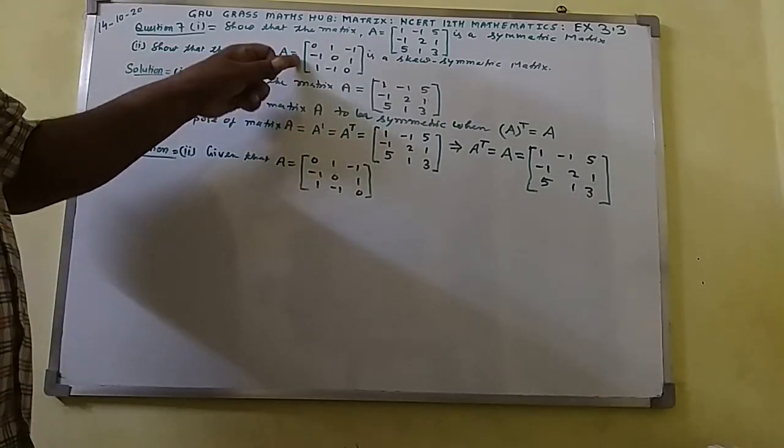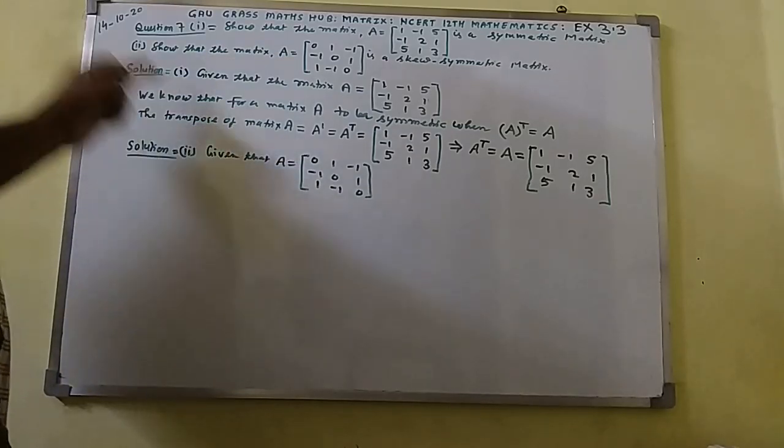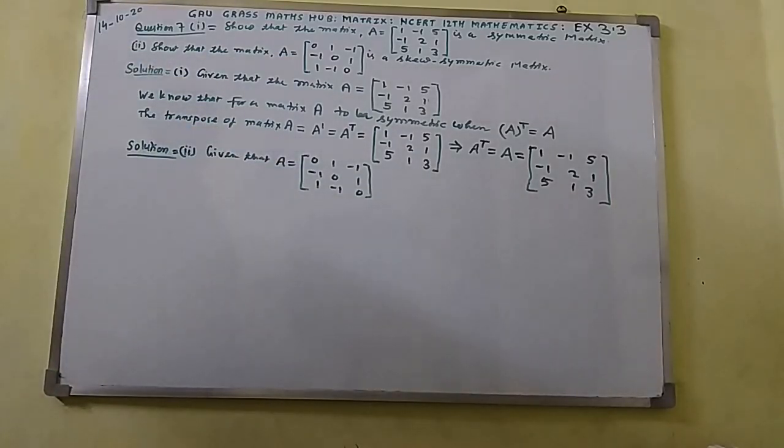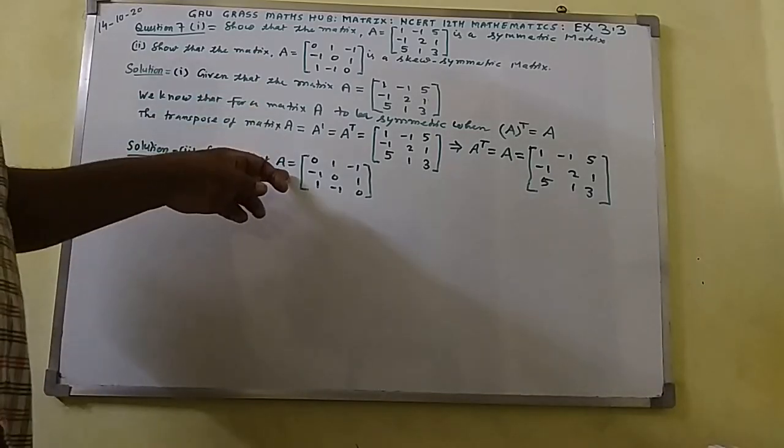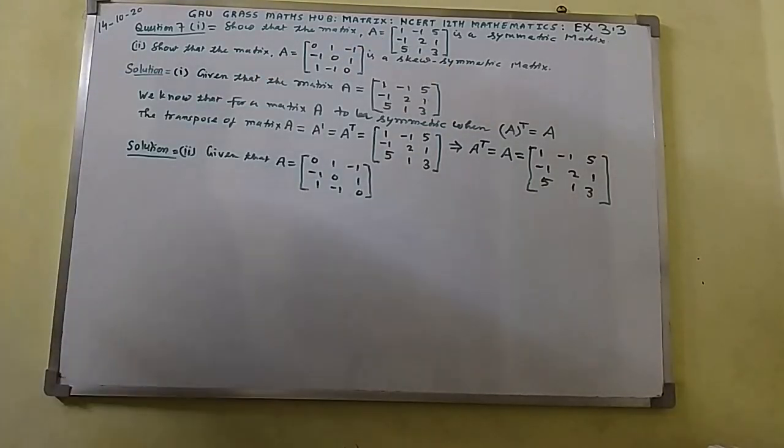This matrix has been reflected here, same as Roman 2. Now it says this matrix is a skew symmetric matrix.